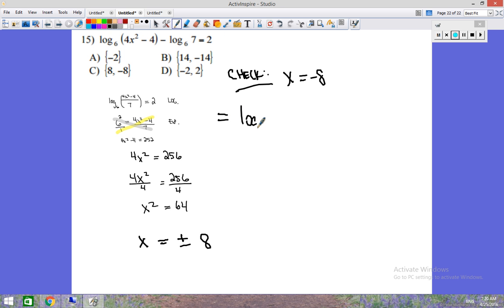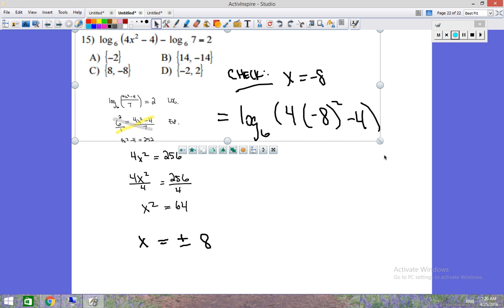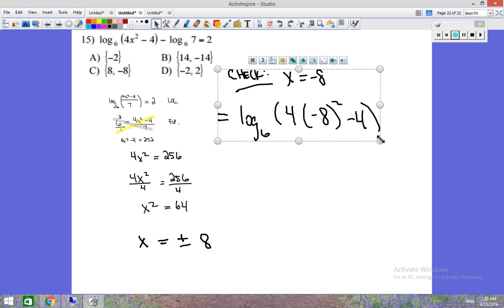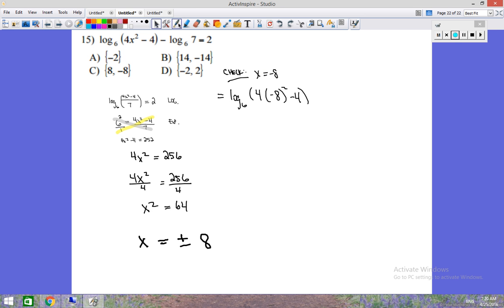So we've got log base 6 of 4 times x, where x is negative 8. So we have this log minus log of 7.